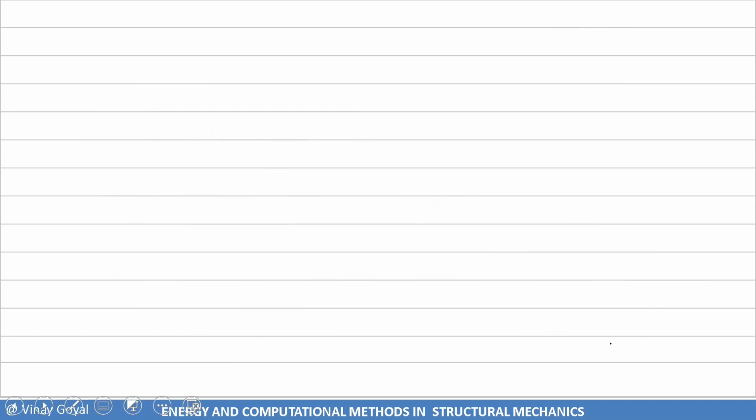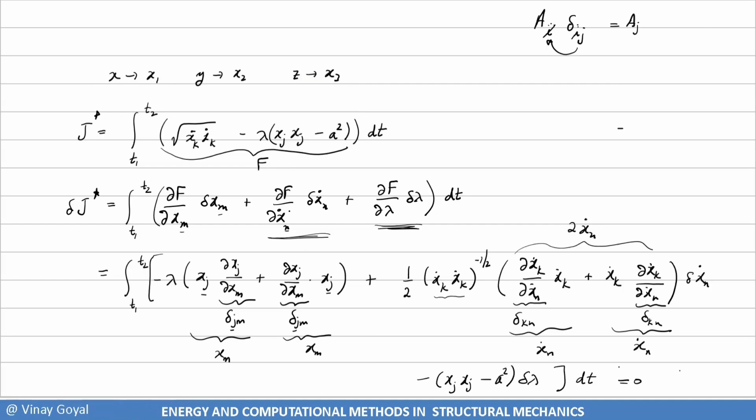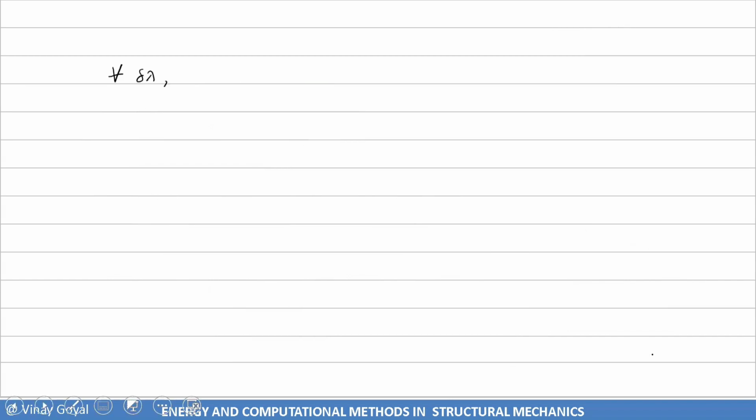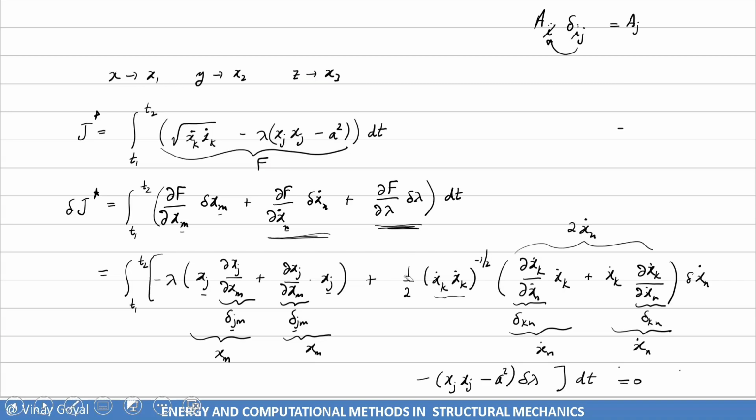And so then for any del lambda, and then I do have to integrate by parts to get rid of this dot. And so I should probably do that first so you can see what happens. So that's integration by parts. And this term doesn't have to be integrated by parts. And by the way, this becomes simply 2xm.